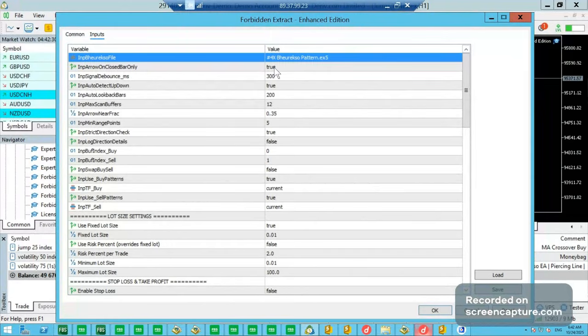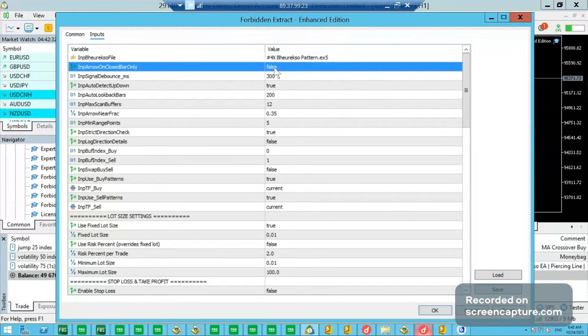If you set this to false, EA will not wait for the pop-up arrow to close before it executes trade. So immediately the arrow pops up below or above the candle, EA will execute the trade immediately.